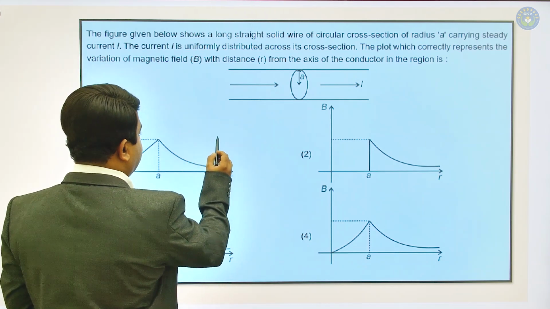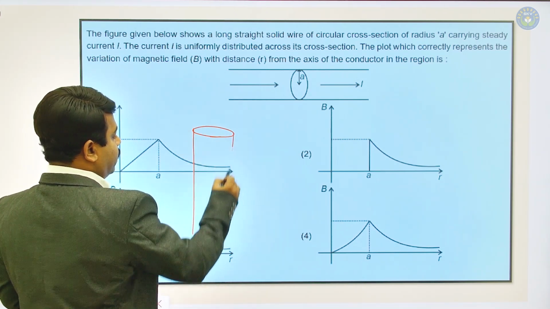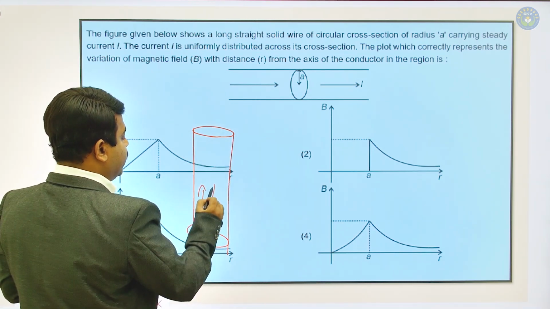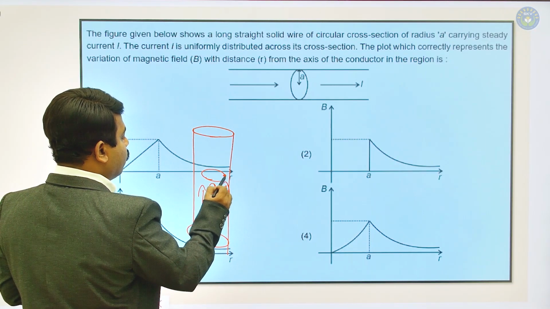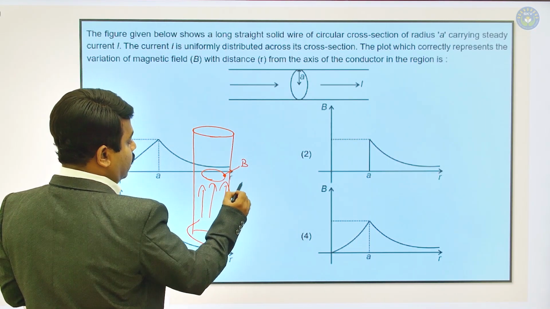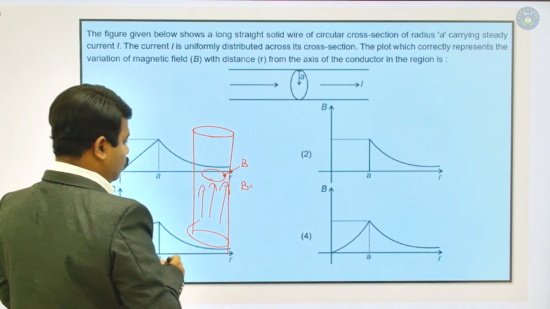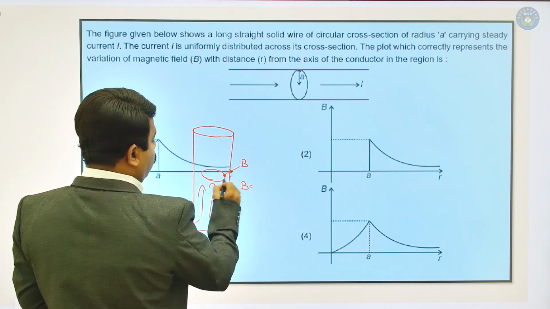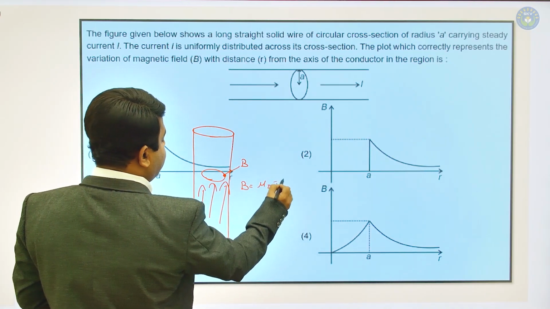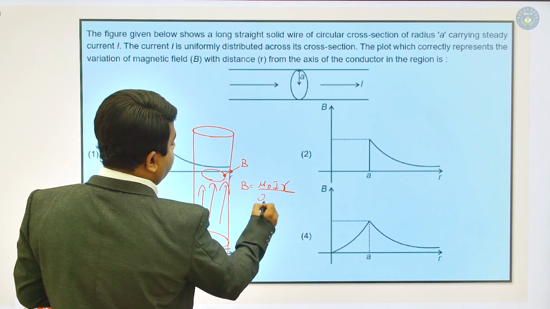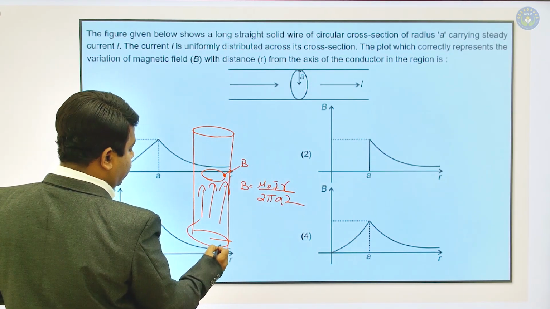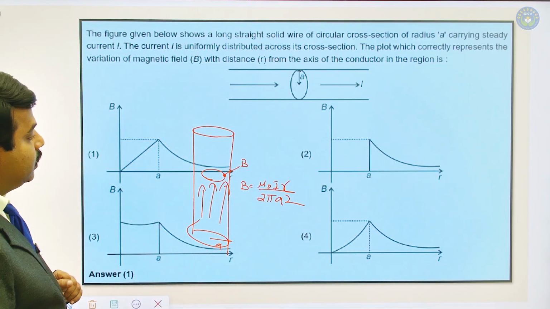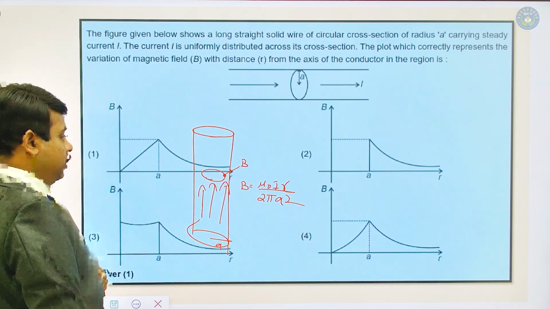If a conductor is uniformly carrying current, then at a point inside, the magnetic field is mu 0 I R divided by 2 pi a square, where a is the radius. This is the inside magnetic field.